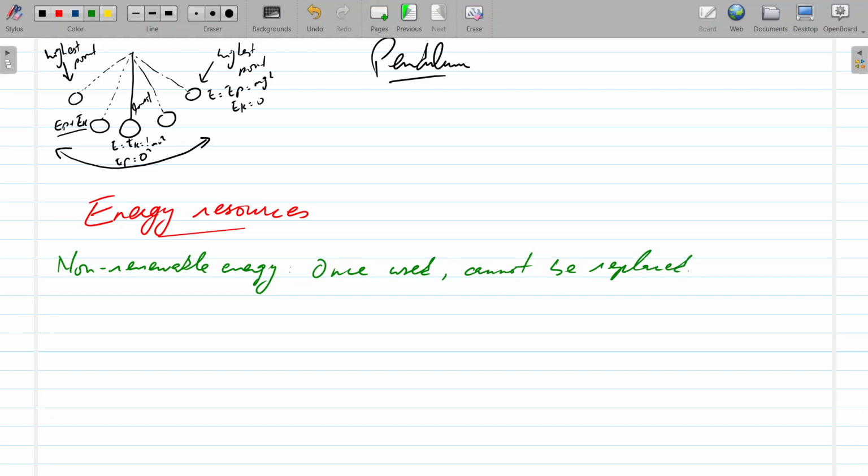It has advantages, right? The first one is high energy density, which means it has a lot of energy in a relatively small size. And the second one is it's readily available.